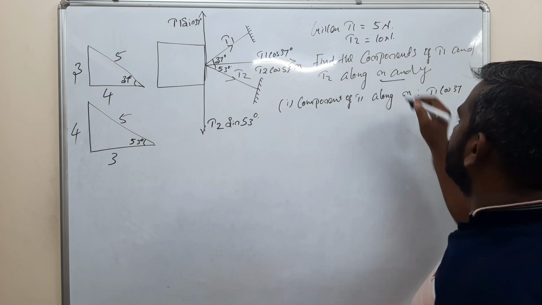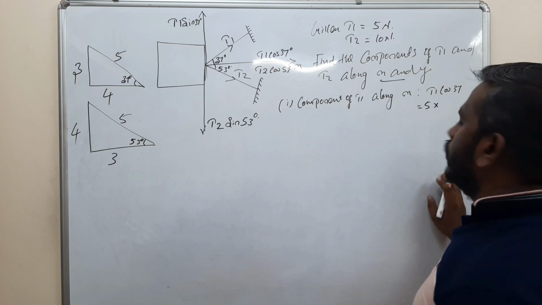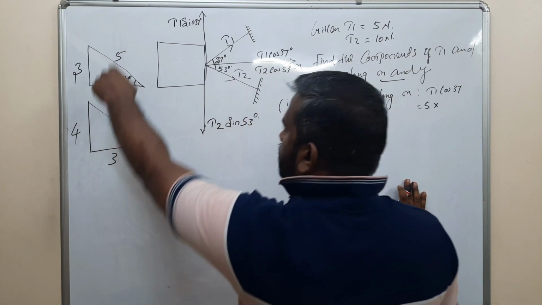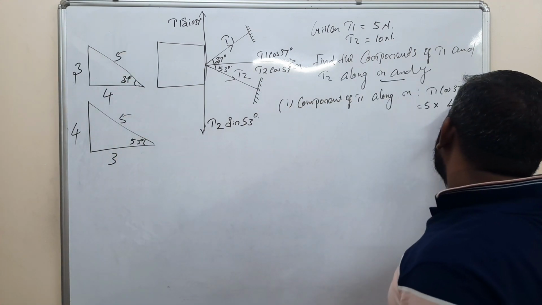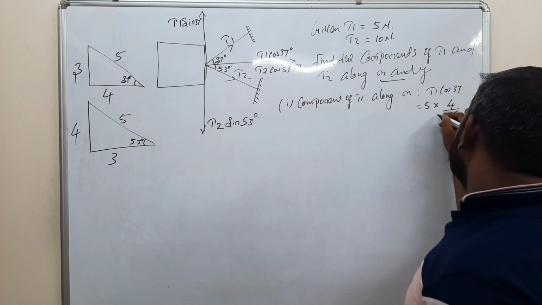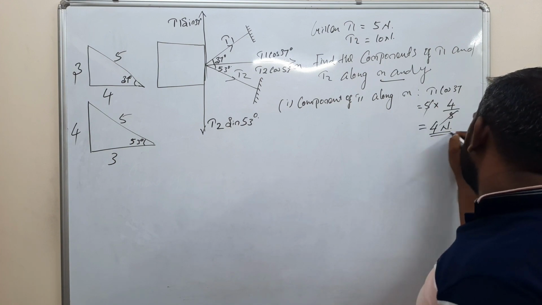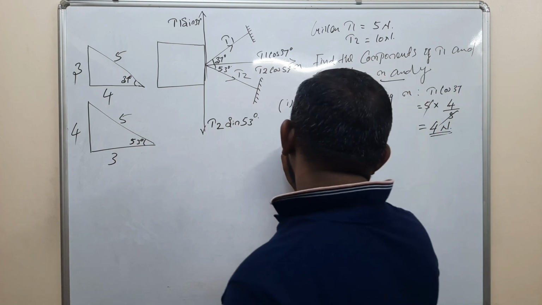That's equal to, what is the value of T1? It is 5 into cos 37. Cos 37 means adjacent, 4 by 5. So 5 by 5 get cancelled. That's equal to 4 Newton.